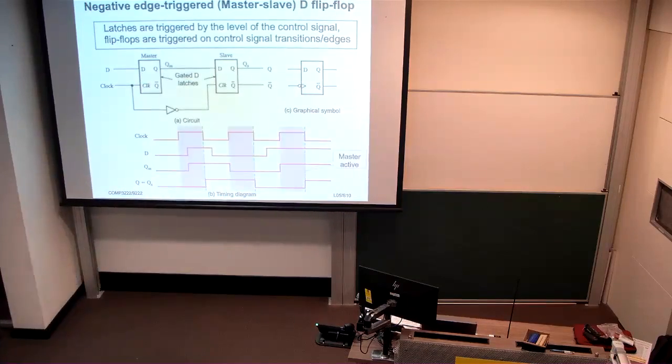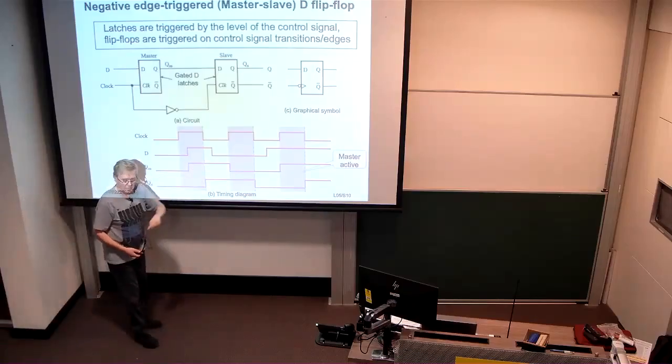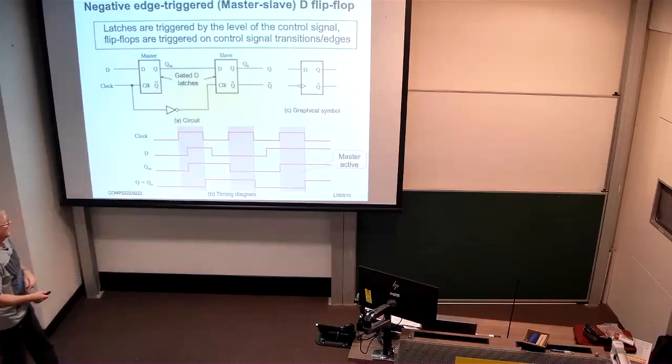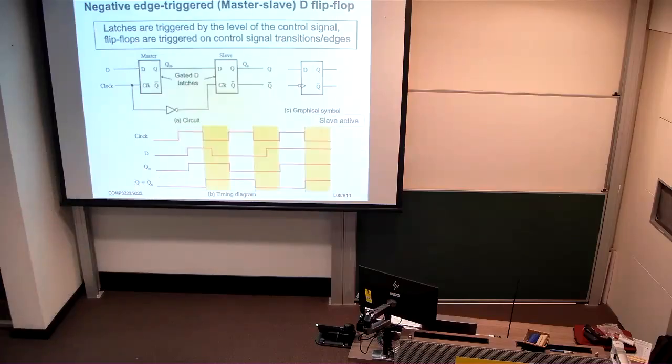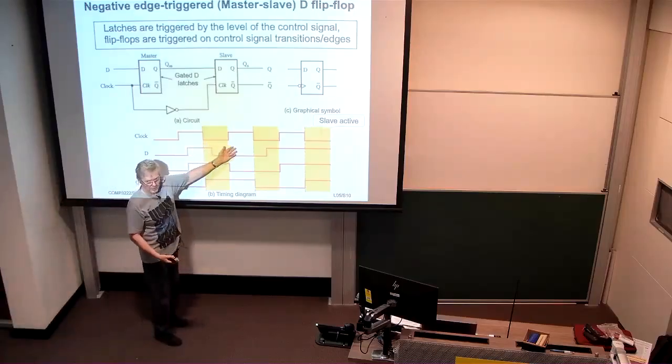So what we see here is every time the clock is high, the master is active and it responds to any change in the data input, right? And reflects that in the QM output of the master. And when the clock goes low, the slave becomes active and it only sees what's on the QM wire, which doesn't change for the period that the clock is low.